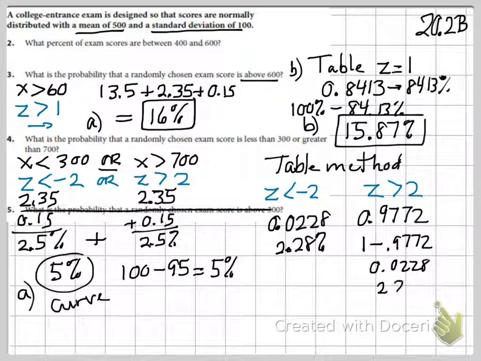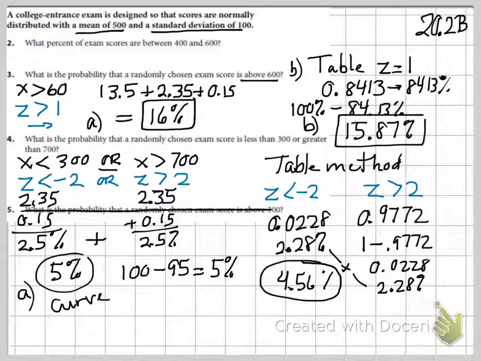Or 2.28%. Now I can add this, and I end up with 4.56%. Close to my answer using the curve, but not quite the same, because again, it is just a little bit more accurate. We're going to call that the B answer.